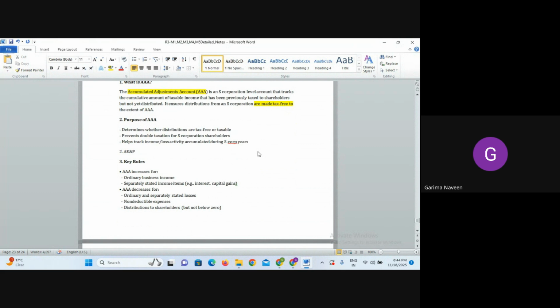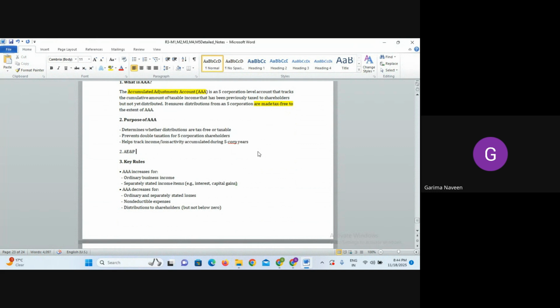AEP is accumulated earnings and profits. These accounts basically represent your earnings and profits that were accumulated during the S corporation taxable year. For example, your corporation was a C corporation first, and now you have elected to be an S corporation.